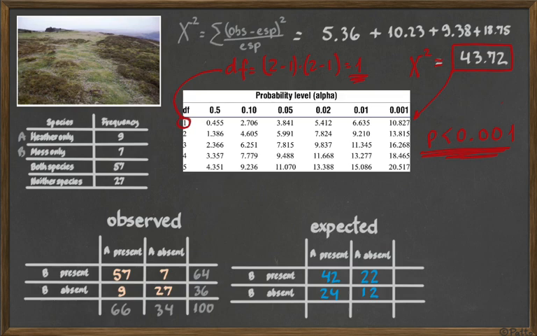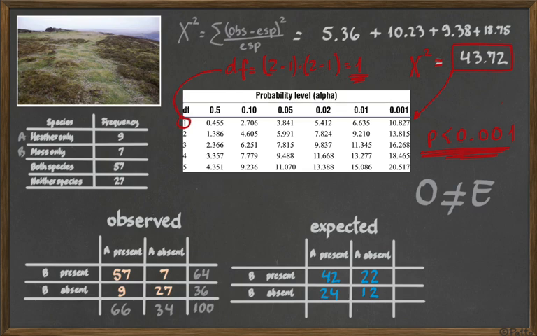That means that the P is way smaller than 0.001. So the probability that I am wrong when I say observed is different to the expected is less than 0.1%. It's much smaller than 0.05. So that means that I accept the hypothesis. I say my observed is different to the expected, so they are not matching.